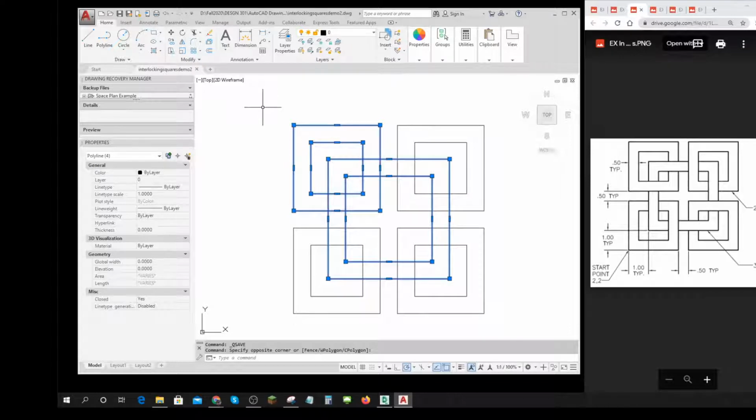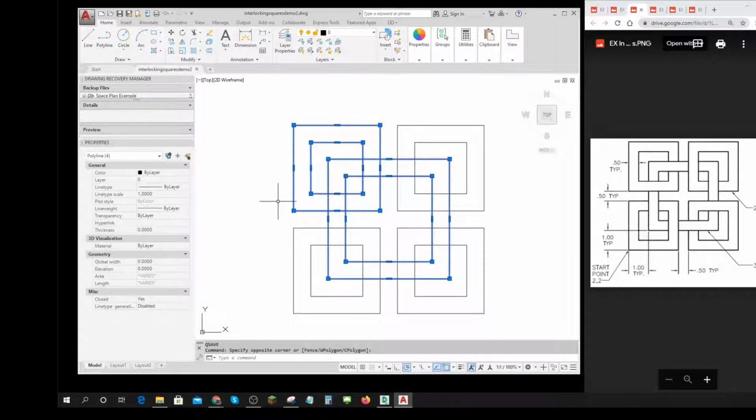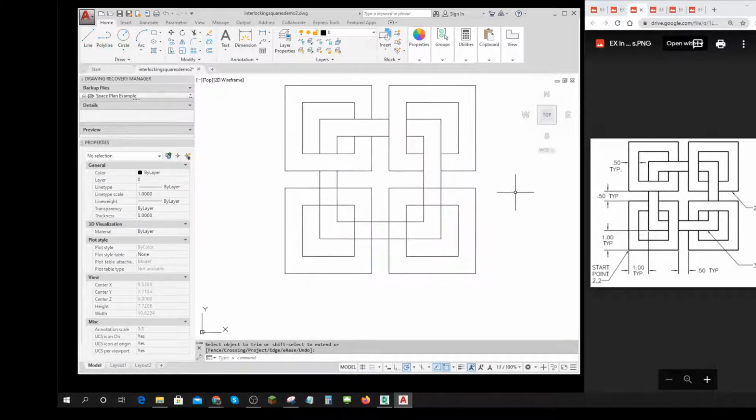Select all the stuff that you want to trim around and hit trim, enter, and those get cleared and those get cleared. Enter, enter. When I hit enter, it redoes a command for me. Enter. I've selected.